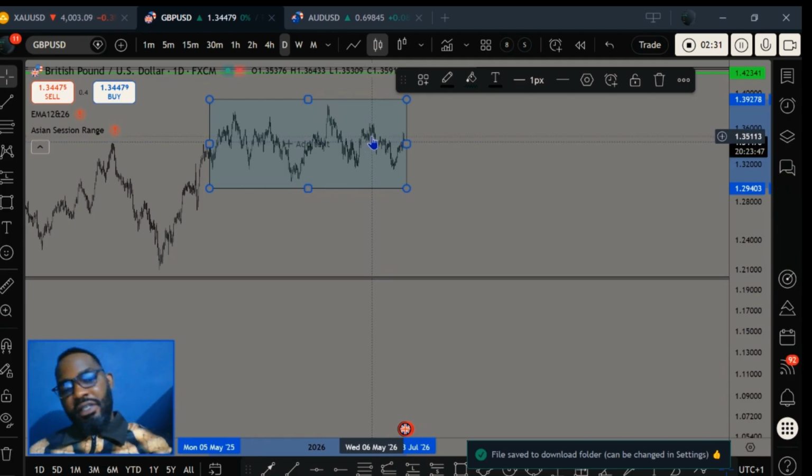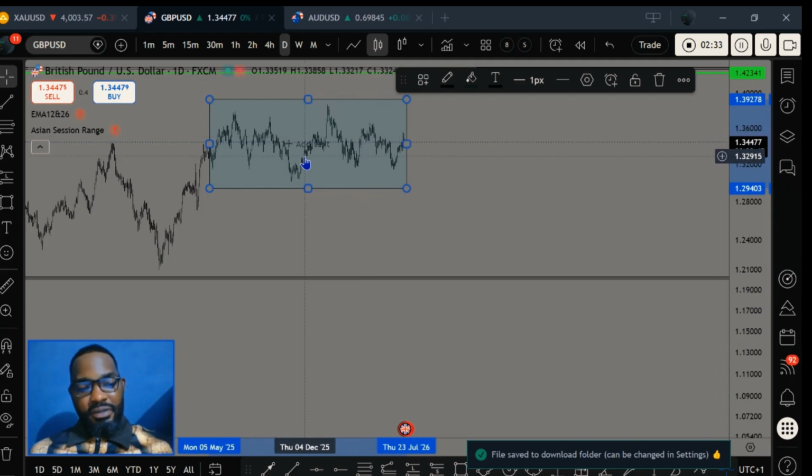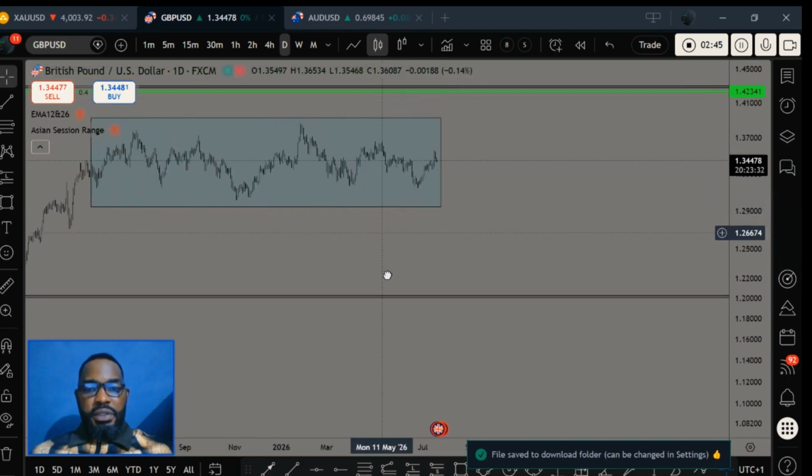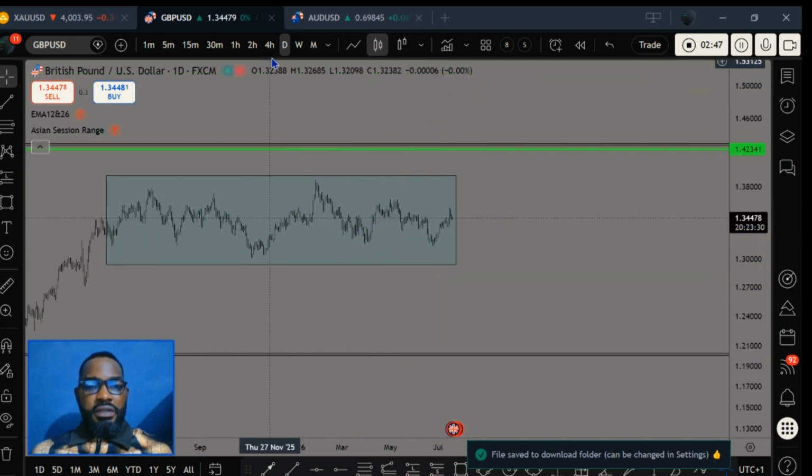My goodness, that's months now. May, June, July, August, September, October, November, December, January. It's over a year. Okay, so our trade is going to be within this internal structure.